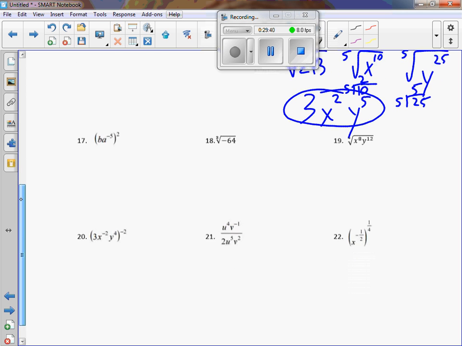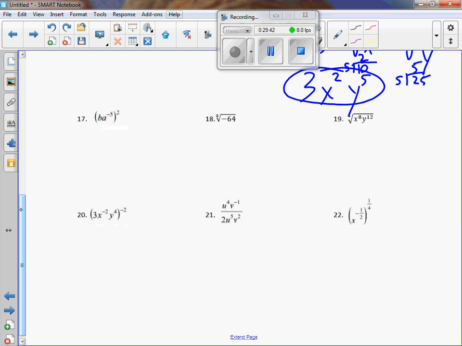Number 17 is a little bit different. This is the properties of exponents. Notice I have 2 bases here. I have a b and an a, and I have an exponent outside of the radical. Here's how we handle that. We take that exponent, we distribute it to both of our bases. So we get b squared. That a already has the -5, so when we distribute the 2, we will multiply those two exponents together.